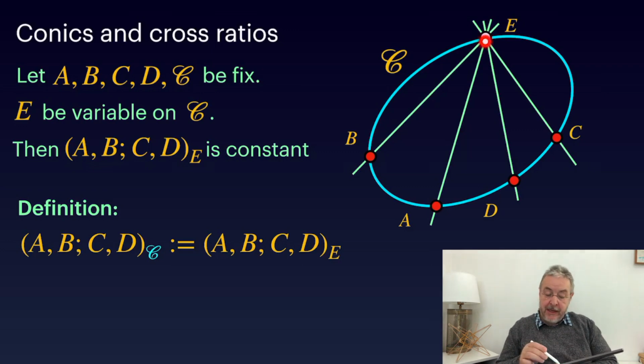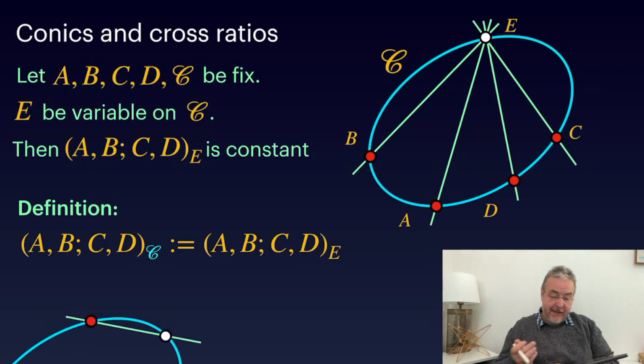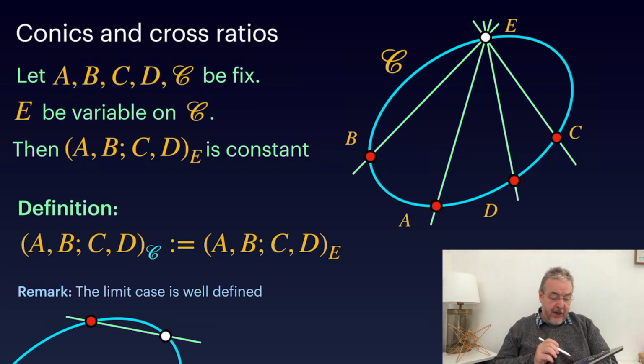So if you assume that E is at point D, there is no join between them. But the limit case is very well defined. What you get is a tangent situation, and for that I've drawn this small sketch here where I just want to show you what happens if you move one point to another point.